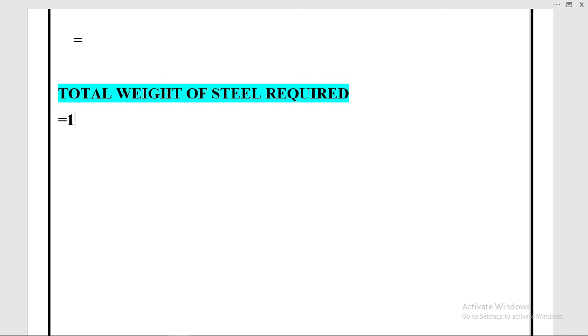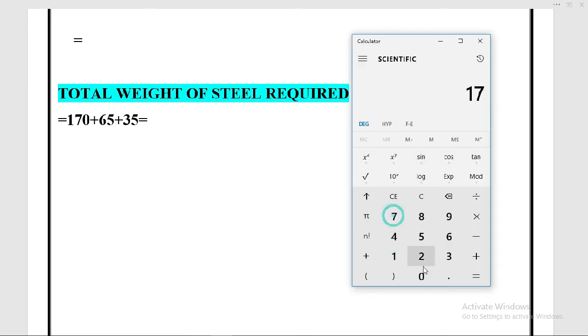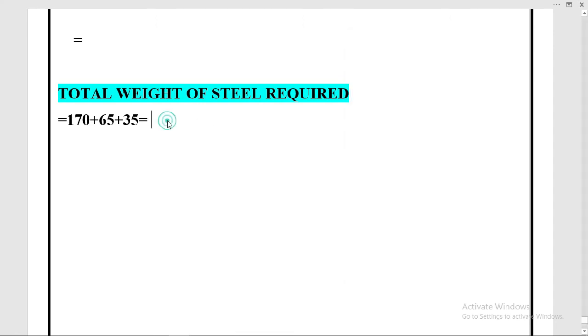Let me calculate it on the calculator. 170 plus 65 plus 35, total 270 kg is the weight of steel required for this slab.